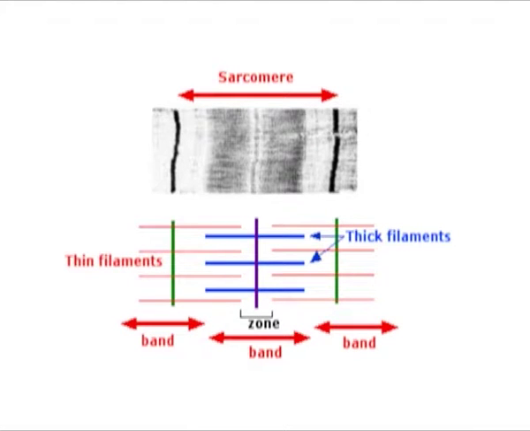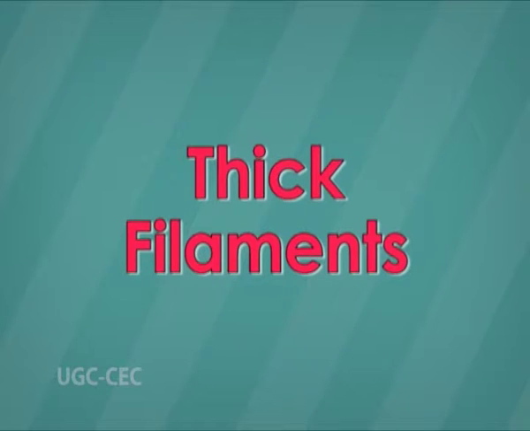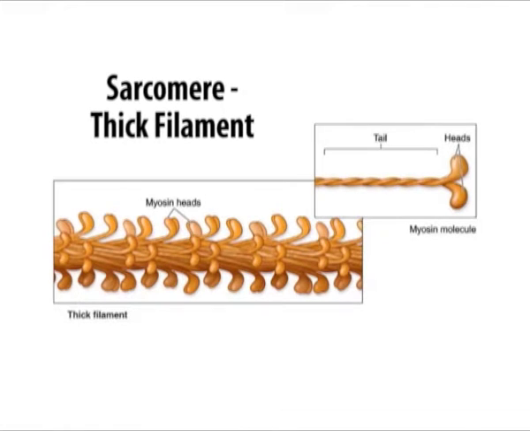Sarcomeres are made of two types of protein fibers, thick filaments and thin filaments. Thick filaments are made of many bonded units of the protein myosin. Myosin is the protein that causes the muscles to contract.